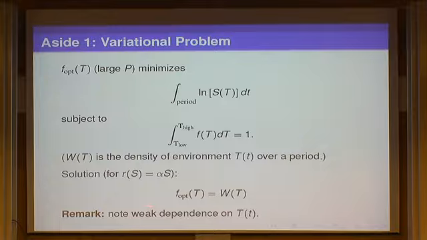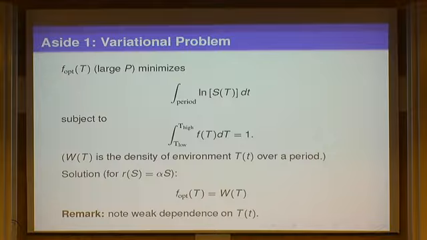The answer is important. The optimal species weighs a given environmental condition, how much effort it puts into that, by W. W is the density of the environment, which is basically how often any given capital T occurs. So if capital T occurs a lot, you put a lot of weight there, and if it occurs little, you put less weight there, exactly in proportion to how often a given environmental condition occurs.